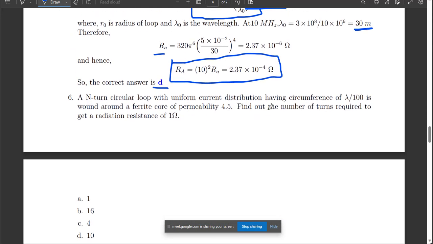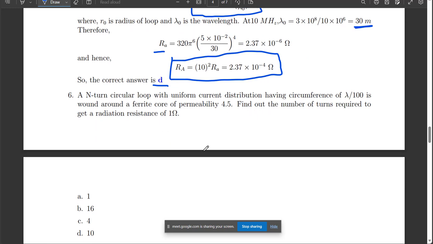Chalo. So a similar kind of question again. We are getting an almost similar question, same formulas and everything. Here the question is: an N-turn circular loop with uniform current distribution having circumference of lambda by 100 is wound around a ferrite core of permeability 4.5.